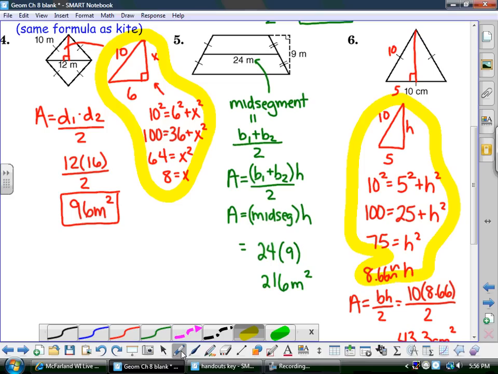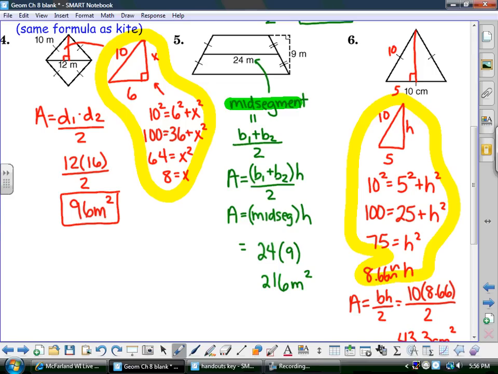Number 5, I think, is very important to understand, though, because it gives us an alternate formula for the area of a trapezoid. That is a mid-segment because it goes from midpoint to midpoint. And if you remember from a previous chapter, how we find the mid-segment is add up the bases and divide by 2. Well, that exact thing is in the area formula for a trapezoid. Add up the bases, divide by 2.